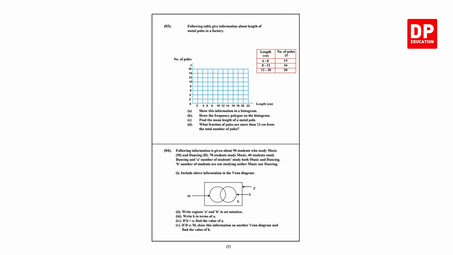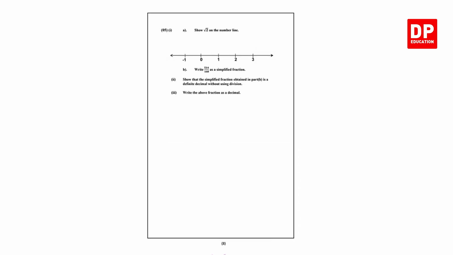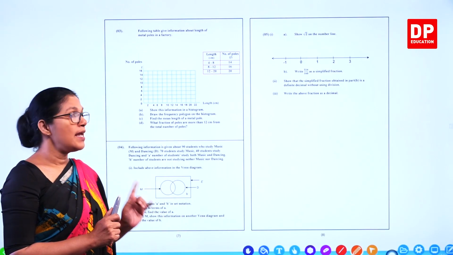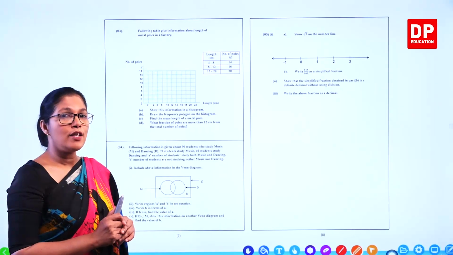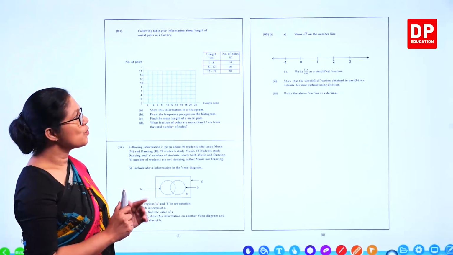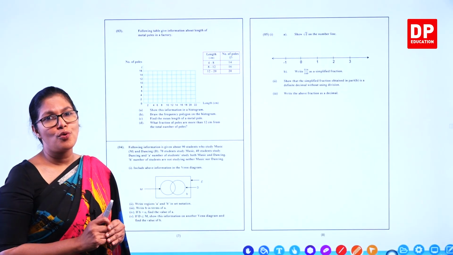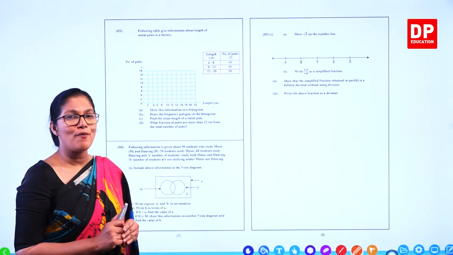And next page 3, 4, and the last page 5th question. So you know already each question in part A you get 2 marks and each question in part B you get 10 marks. So let's do model paper 5 paper 1 now.